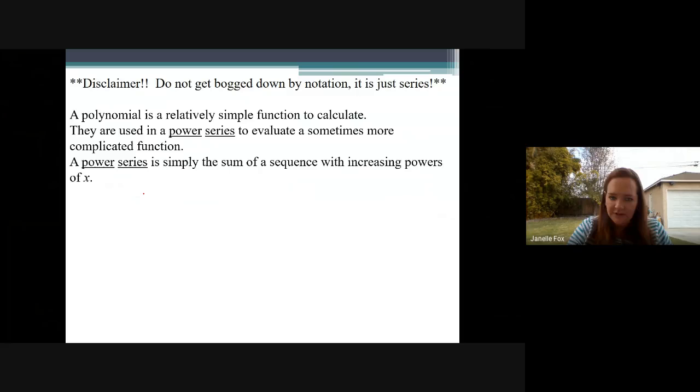A power series is actually the sum of a sequence with increasing powers of x. There is this idea of a sequence, a pattern of terms, and then increasing powers of x. I have now introduced a variable into the mix. Again, please do not be scared by the notation.